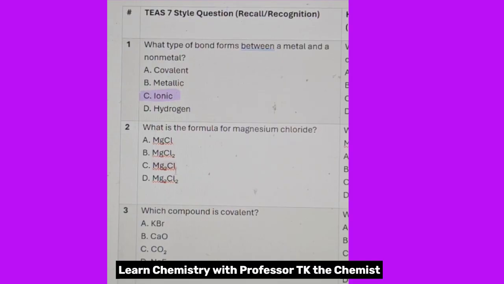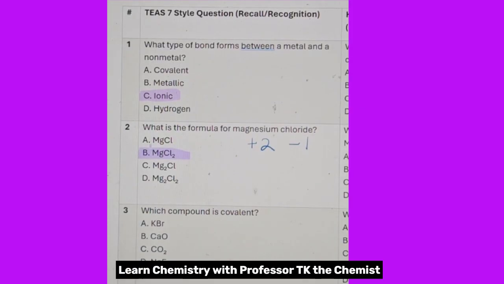I'll give you a little hint. Magnesium has a +2 charge. Chloride has a -1 charge. Do your thing with swapping. B is correct.